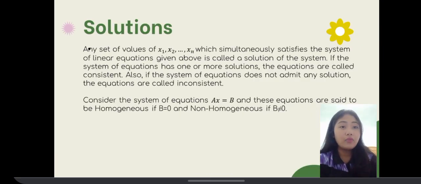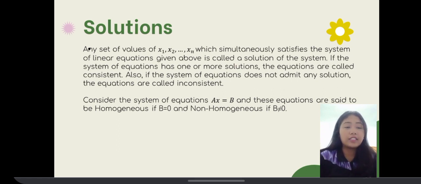So, how do we search for the solution of a linear equation system? The solution itself is any set of values of x1, x2 until xn which simultaneously satisfy the system of linear equations. If the system of equations has one or more solutions, the equations are called consistent.